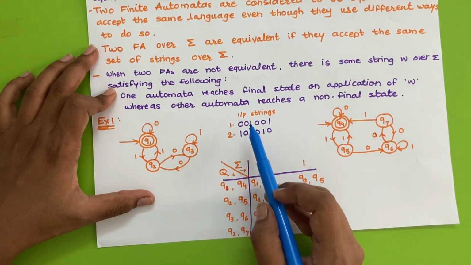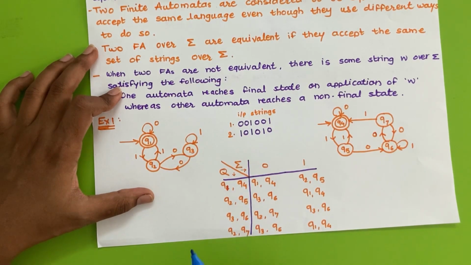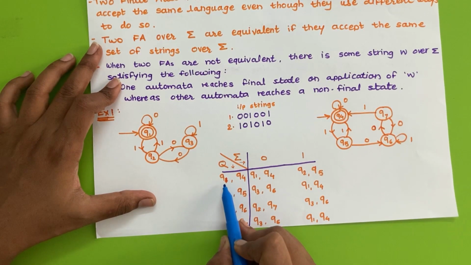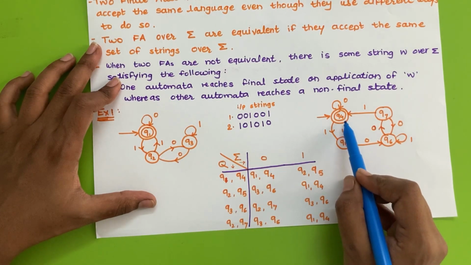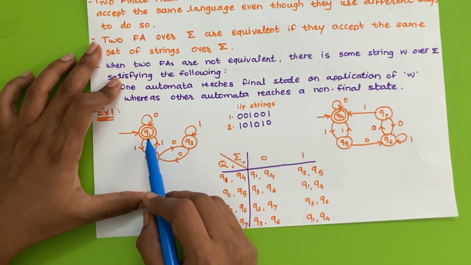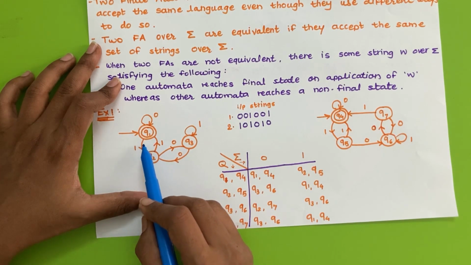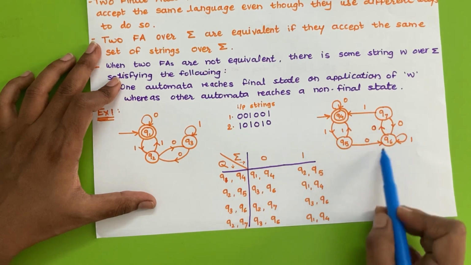Now we'll see. Here we have Q1 as the initial state for this DFA, and Q4 as the initial state. We have Q1 as initial state as well as final state for this FA, and Q4 as initial and final state for this FA.